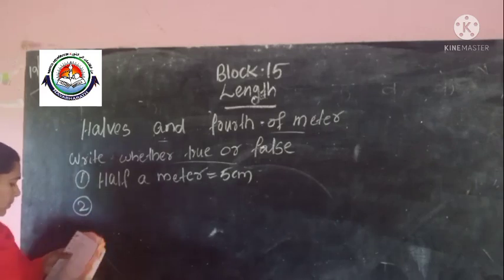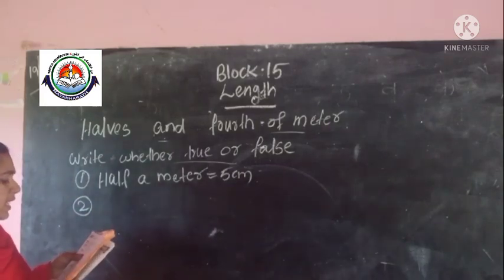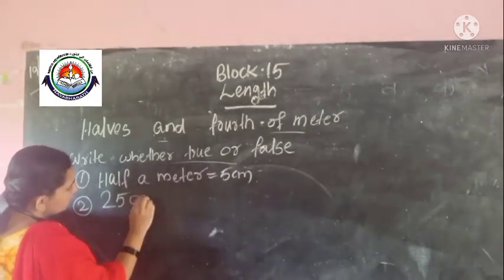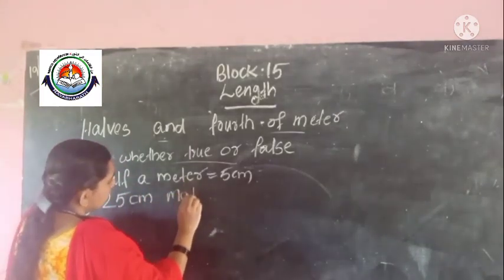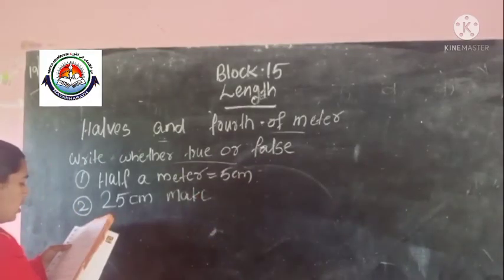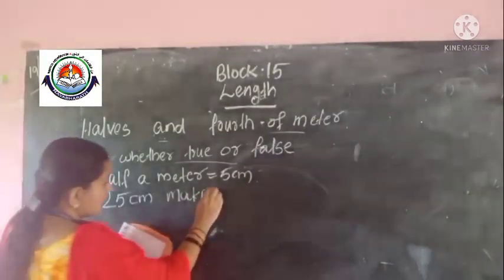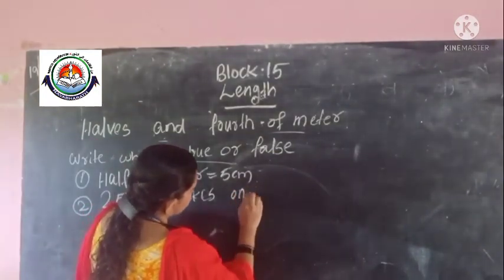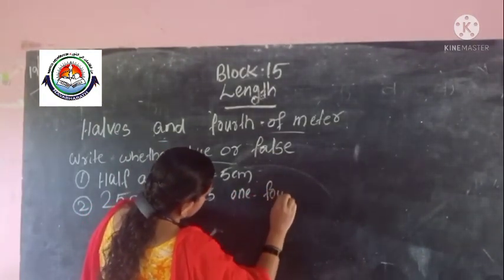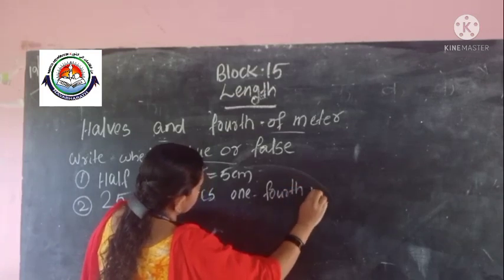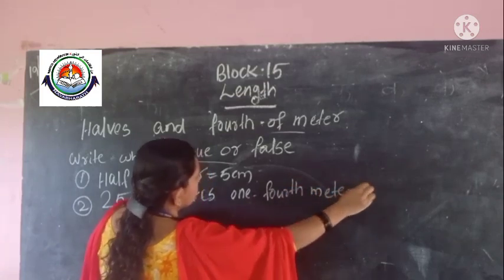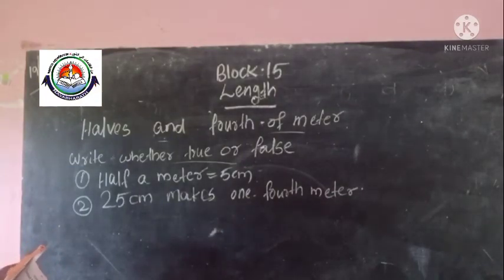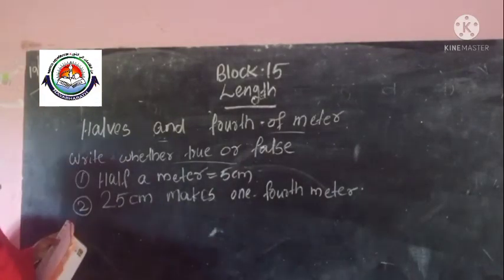Second question: 25 centimeter make 1/4 meter.